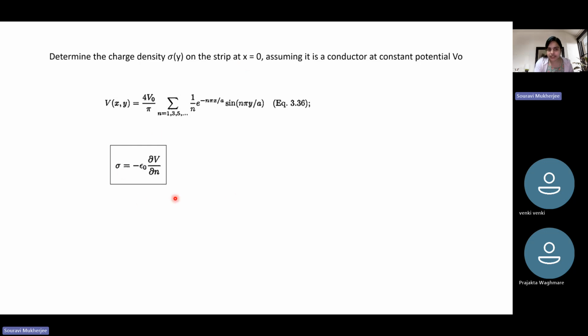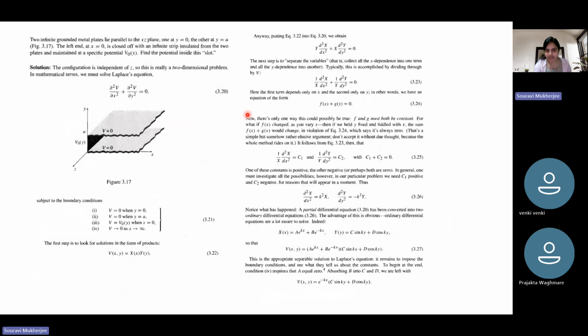Any idea how we got to this form? Why, how do we get to this relation? Any idea, guys? So we know the potential. We know the expression of potential inside. We know this is at a constant potential. The question is asking, what is the surface charge density on this strip?